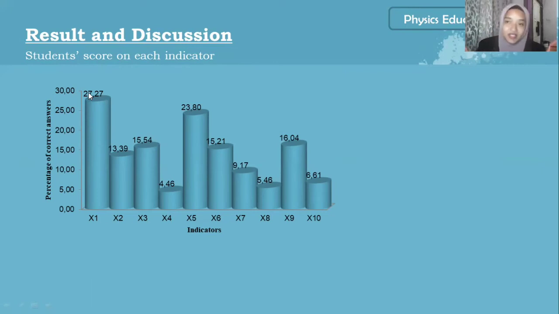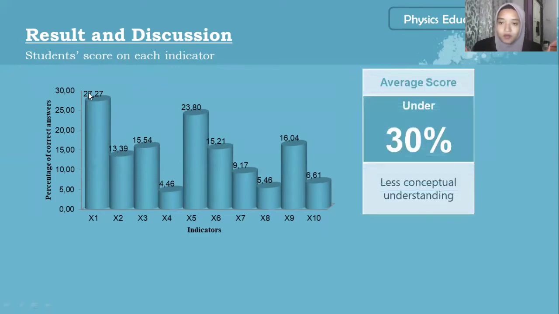But the percentage of this indicator is under 30%, still in the category of less conceptual understanding. Then all the questions must be at a high difficulty level for all the students. So we have to say that the students have less conceptual understanding.